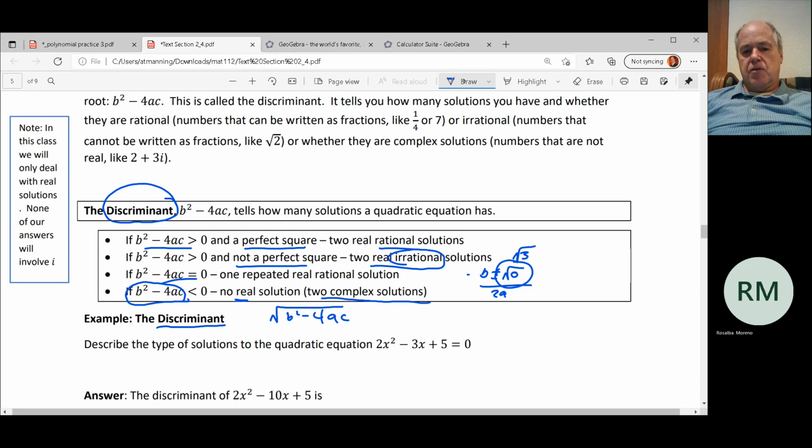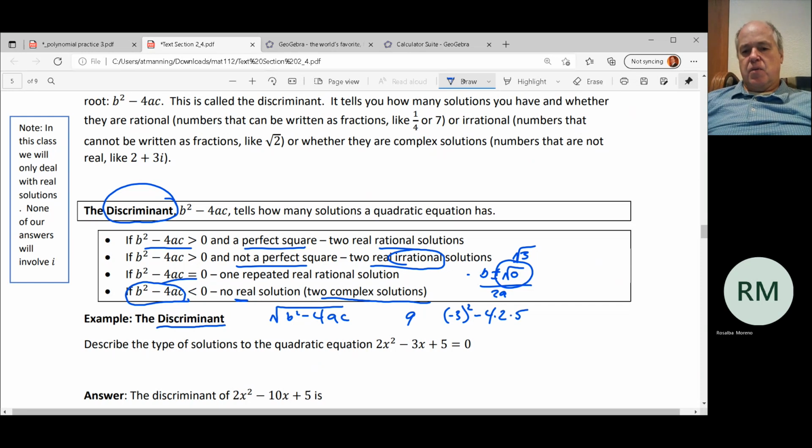That's the discriminant. Let's look at what the discriminant is. b here is negative 3. So b squared, 9. Actually, I'll write it out. We'll do negative 3 squared minus 4ac. Well, 4 times a is 2 times 5.